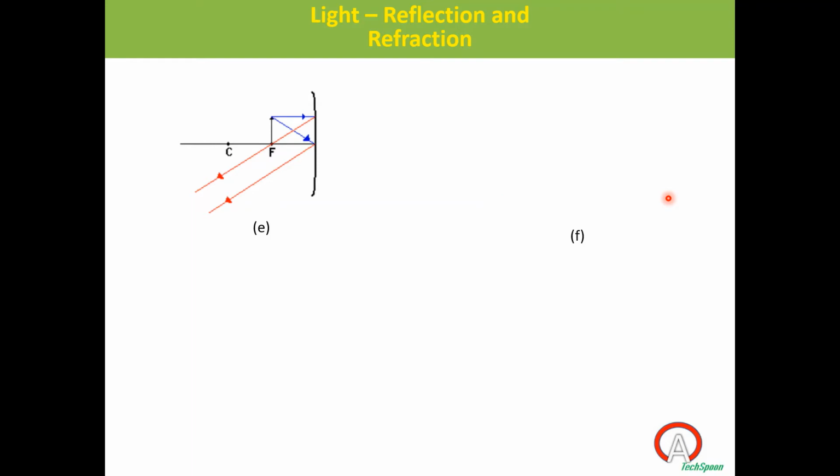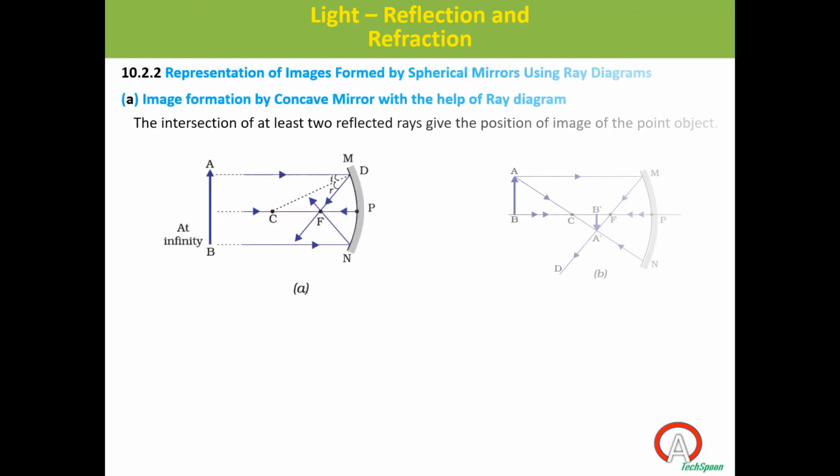How can you find out? I will tell you one technique. You see, you are starting the incident ray from the top of the object, right? So the reflected ray is passing.